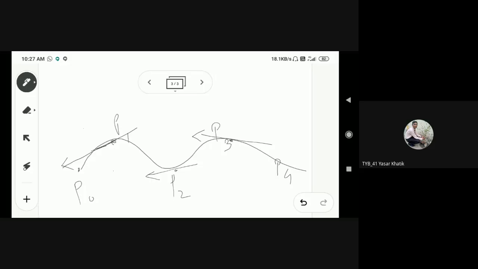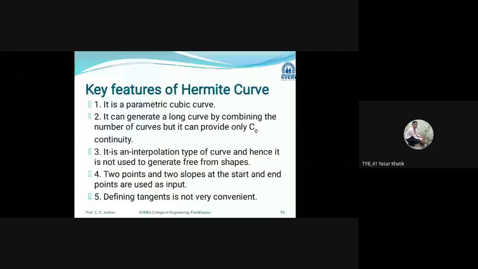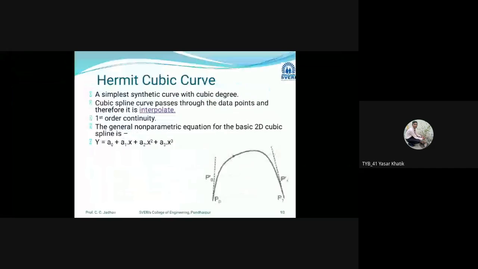The basic difference from the remaining curves is that we can add order of continuity for better surface finish, that is, the smoothness of the curve. It is one of the simplest curve methods, with cubic degree, and this cubic spline curve passes through the data points.